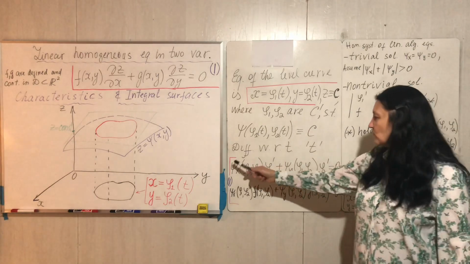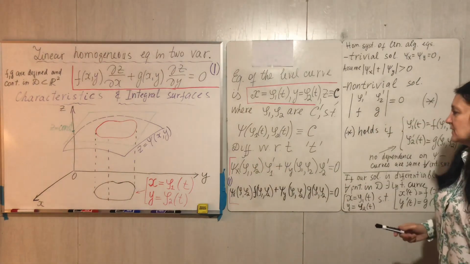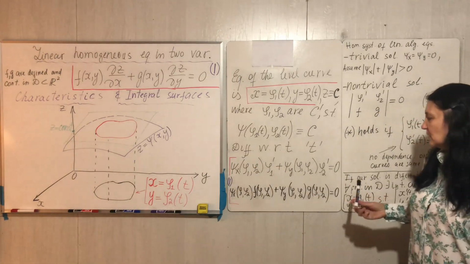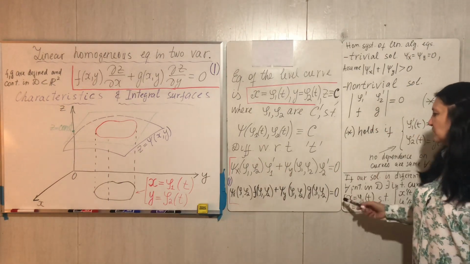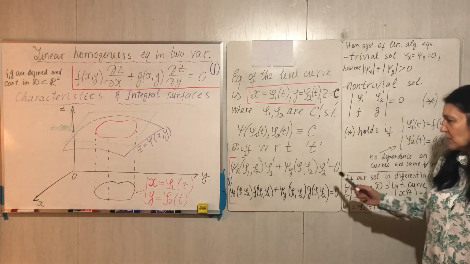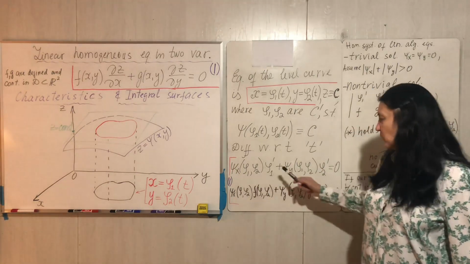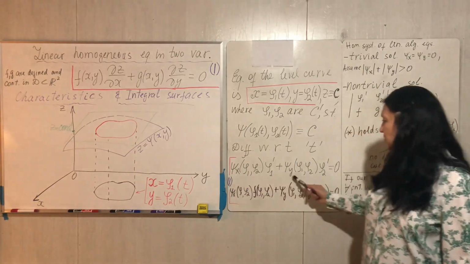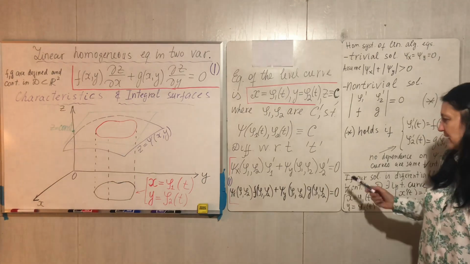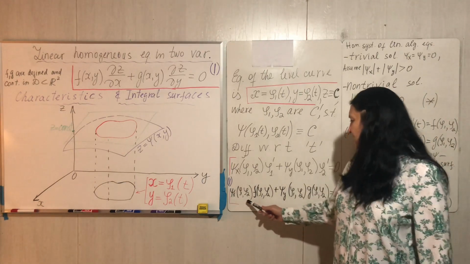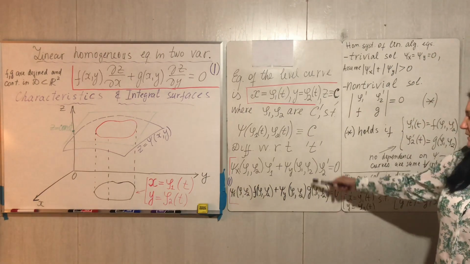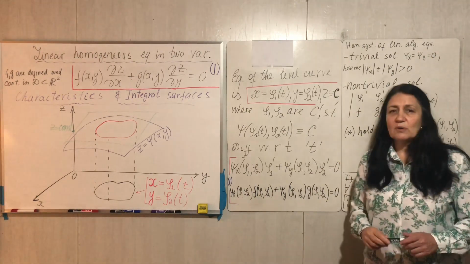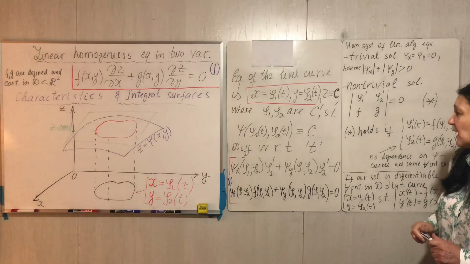And now let's consider this system as a system of homogeneous linear algebraic equations with respect to psi x, psi y, since we have psi x, psi y times some coefficients here, and again psi x, psi y times coefficients here.